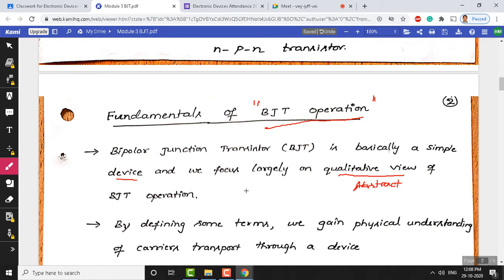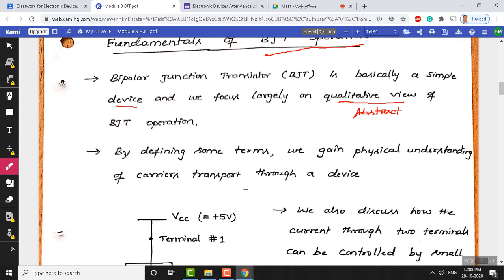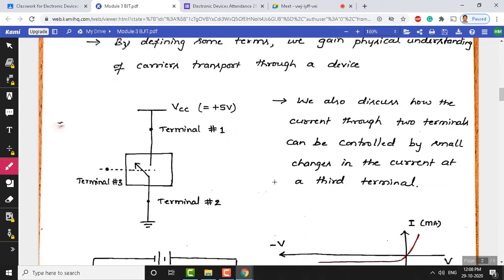Okay. Now let us define some terms to gain a physical understanding of the carrier transport through the device. If you look at this diagram, it has been taken to explain how a 3-terminal device is more useful compared to a 2-terminal device like a PN junction. We are not specific to any device like BJT or FET, field effect transistor.